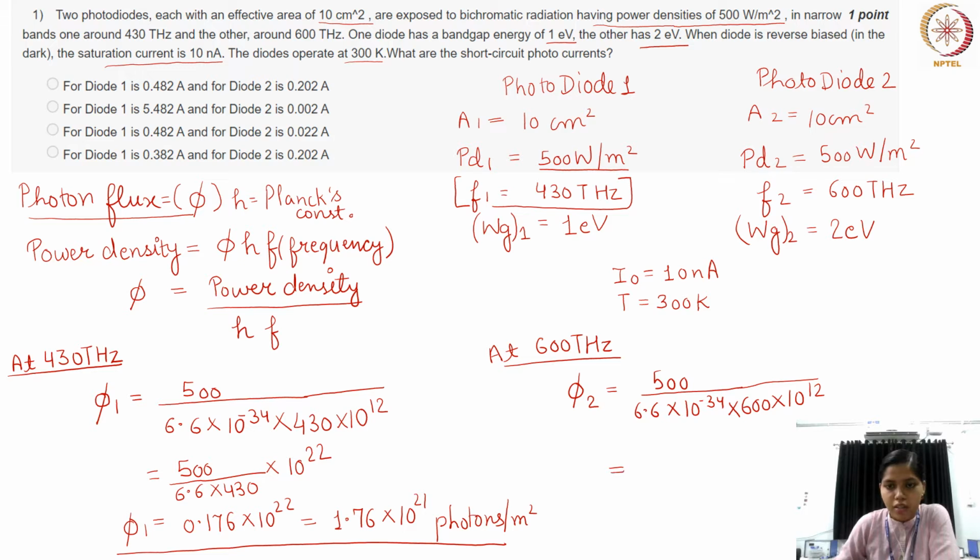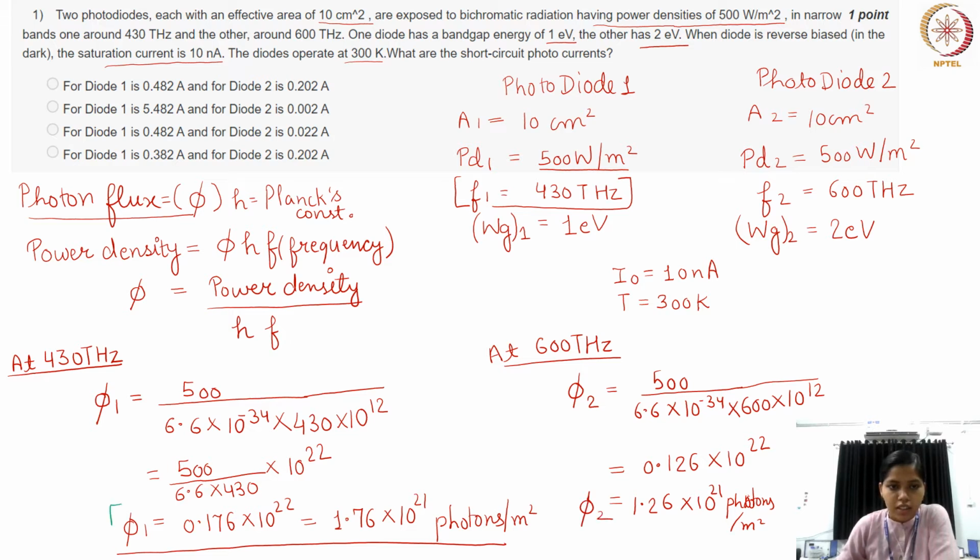Similarly, when you solve this, you will get 0.126 into 10 raised to the power 22, and that will give you 1.26 into 10 raised to the power 21 photons per meter square.